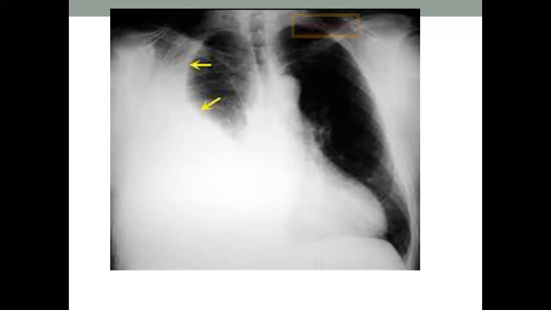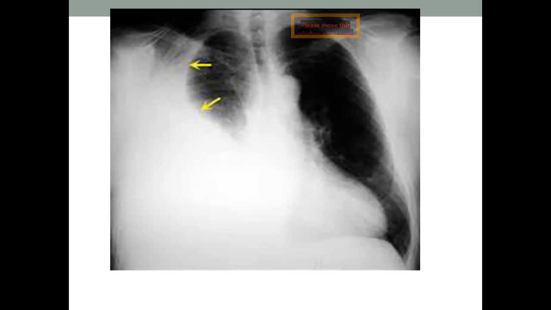And you can interpret this X-ray as homogeneous opacification of the right mid and lower zone, and also some part of the upper zone with a meniscus sign. So this is a right-sided mesopleural effusion.